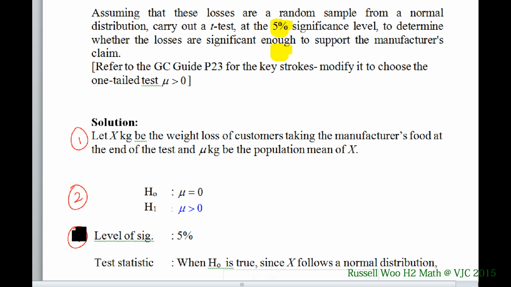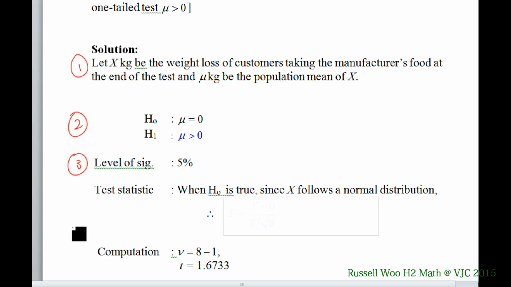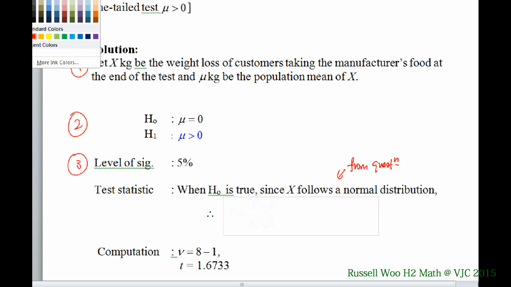Level of significance 5% is given in the question. Test statistic. If H0 is true, X follows a normal distribution, since the question says that X is normally distributed. Therefore, your statistic, is it a Z test or a T test? T test, because N is small and sigma square is unknown.